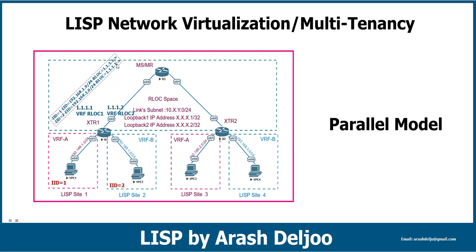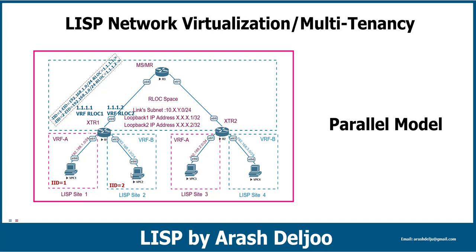But for VRF B we are using another LISP instance. Actually we can say that here we have two RLOC spaces. The first RLOC space is the RLOC space for, for example, LISP site 1, and the second RLOC space is used for LISP site 2.